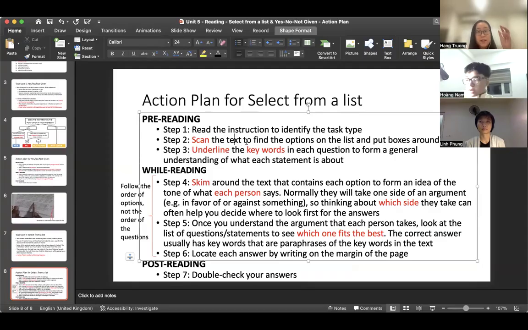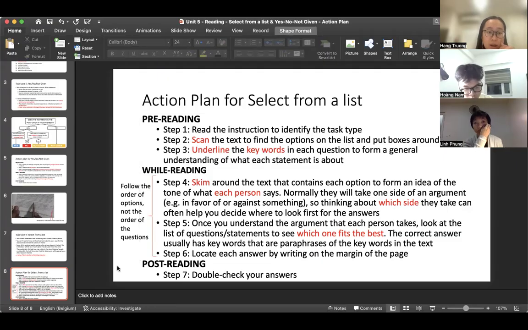Scan the text to find the specific words that are given in the list of options. And then after that, you go back to the statements and underline the keywords to know which idea is mentioned in each statement.